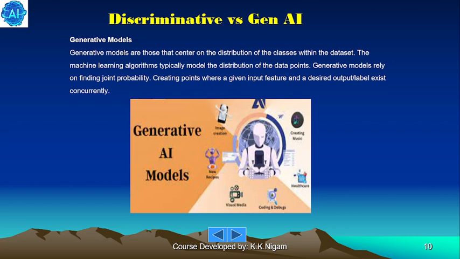Generative models are those that center on the distribution of the classes within the dataset. The machine learning algorithm typically models the distribution of the data points. Generative models rely on finding joint probability, creating points where a given input feature and a desired output label exist concurrently.